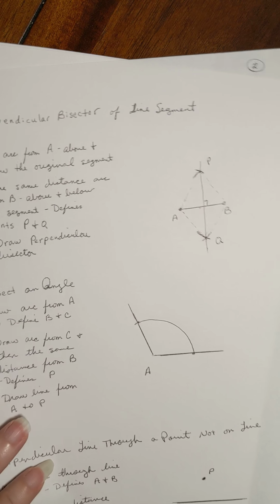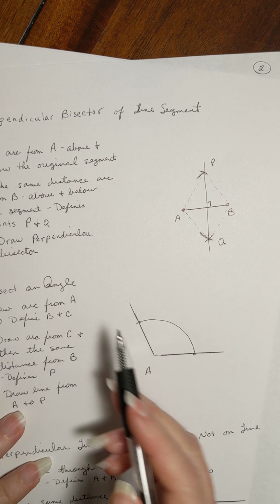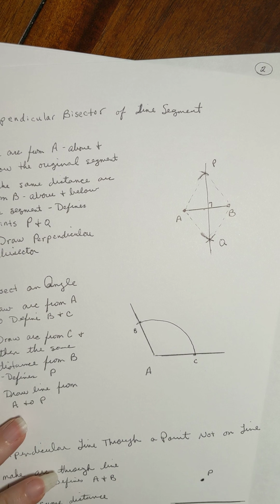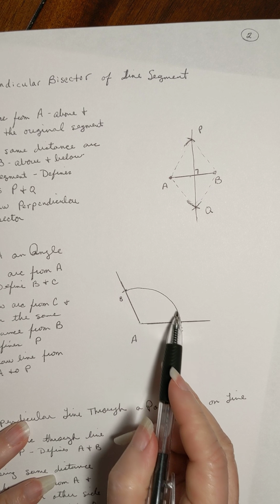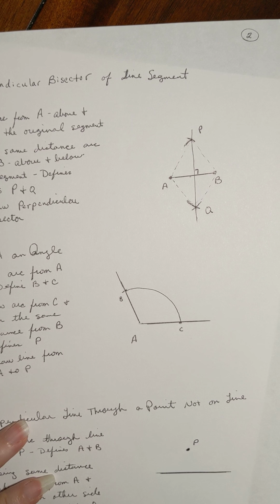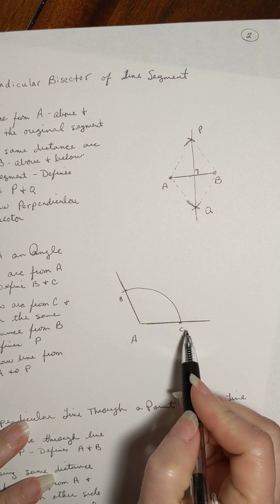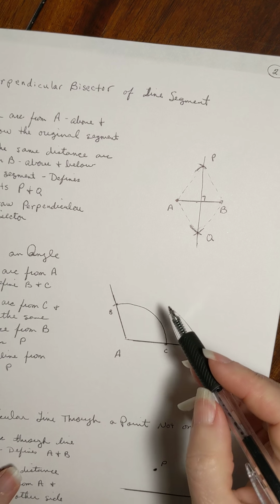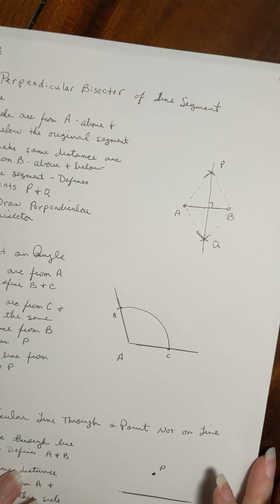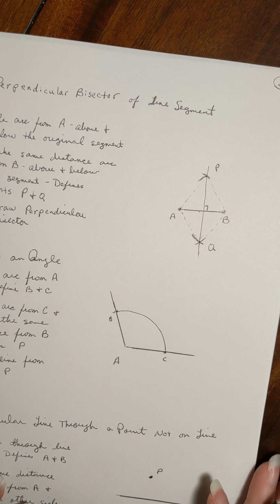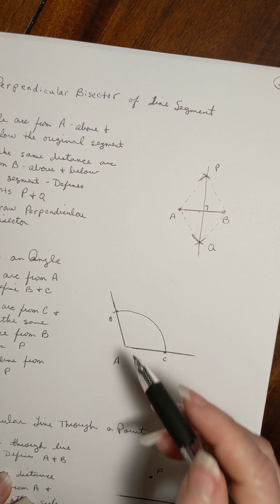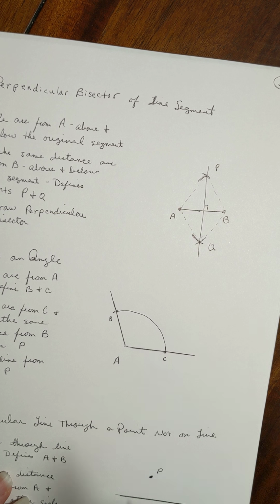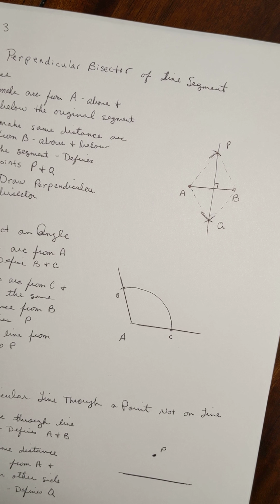So it just says draw an arc from A to define B and C. So that's what I did. I just made one big arc, and that defines B and C. And it doesn't matter how far out B and C are, we're going to make sure that it is the same length from B and C. As long as these two lengths are the same, it doesn't matter how long it is.